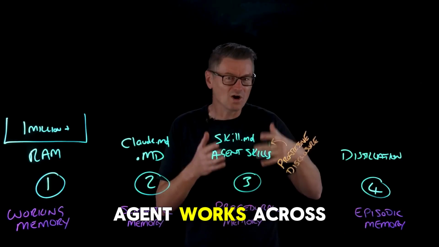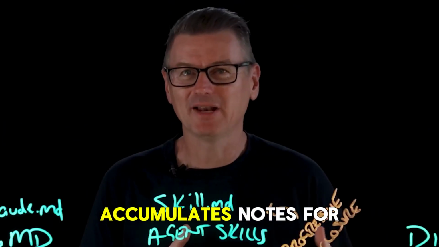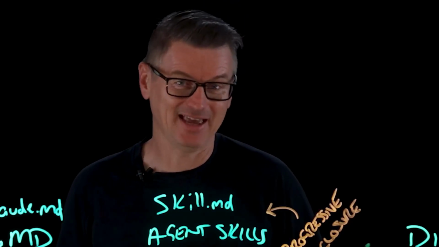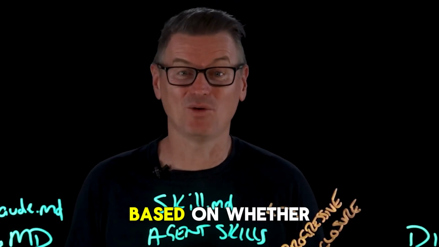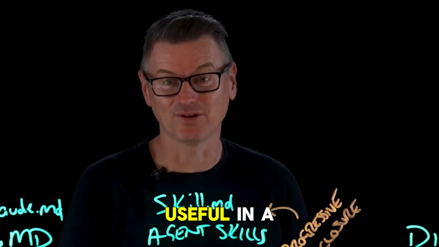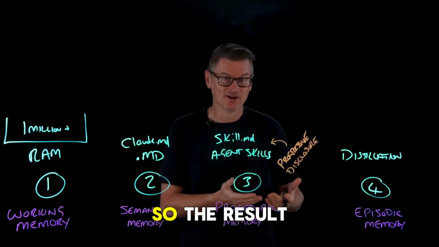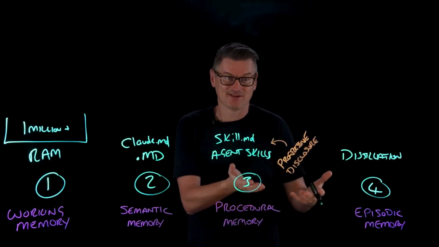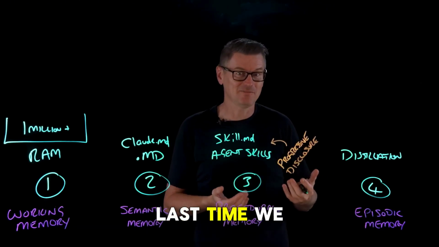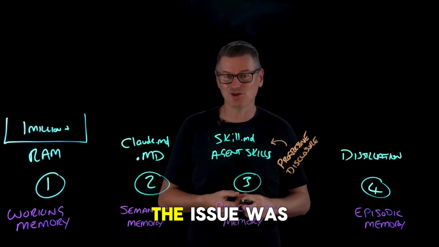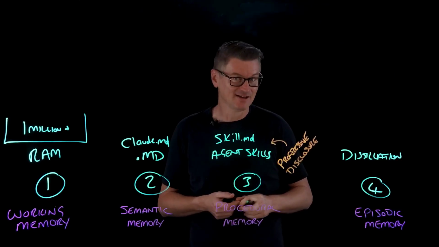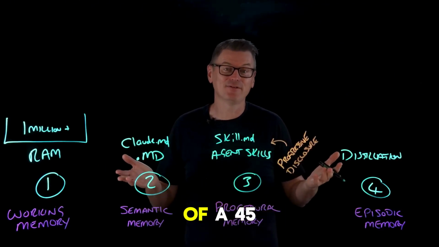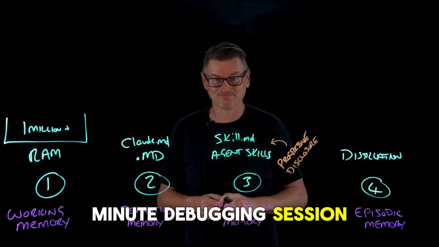So as the agent works across sessions, it kind of accumulates notes for itself, but it doesn't save everything. It decides what's worth remembering based on whether that information would actually be useful in a future conversation. So the result is distilled or compressed experience. So things like, last time we debugged the auth module, the issue was in the middleware layer. That's something that's a lot more useful to remember than just a full transcript of a 45-minute debugging session.